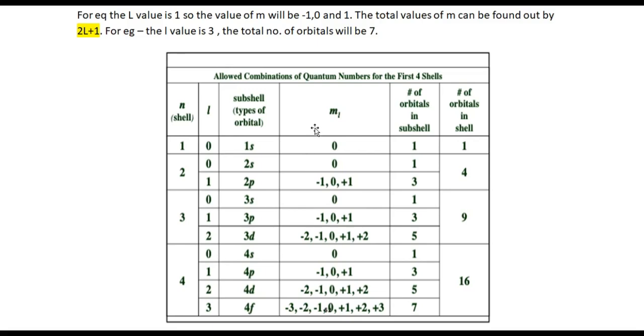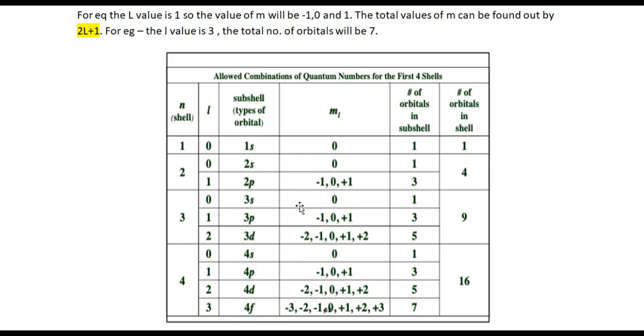Now in this particular m value column, the m value is 0 for L equal to 0. For the principal quantum number 2, we have L value 0, and then the value of m will be 0. For L equal to 1, there will be 3 magnetic quantum numbers: minus 1, 0, and plus 1.